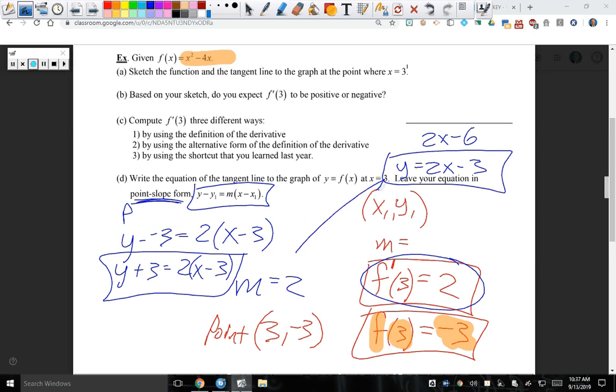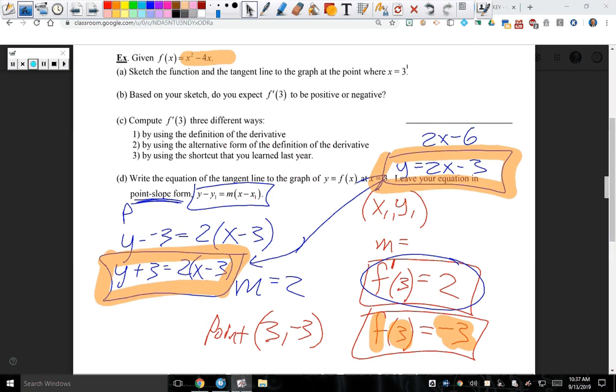This is the equation of the tangent line, and so is this. So this and this are both equations of the tangent line. Okay? And the tangent line is this. Wherever my graph is at, the tangent is going to touch that graph only at one point. Okay? And we'll get to that here in just a bit on the next couple of slides.